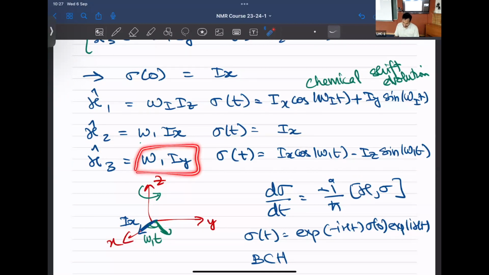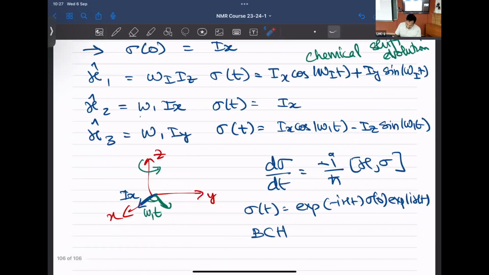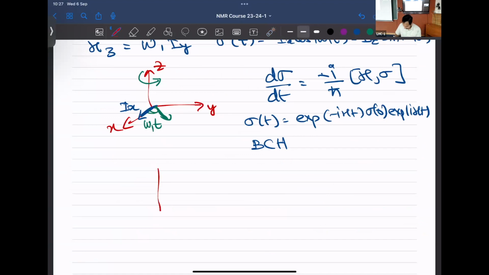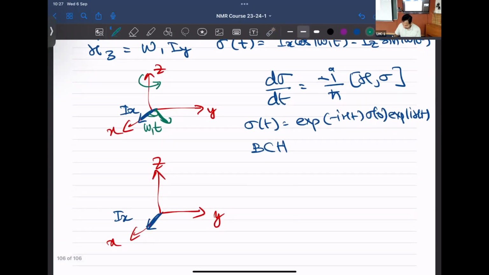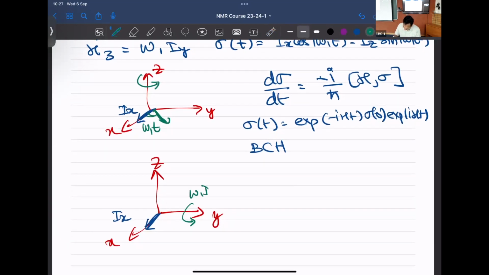So let's take the second example. The second example is where you started from an Ix state, and you ask, what if I apply something along omega-1 Iy? The rotation will take Ix along the minus Z, so the minus sign starts to come up.